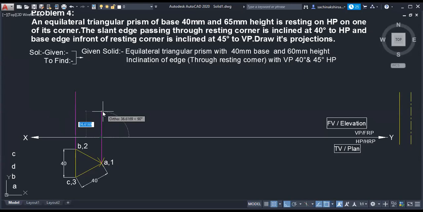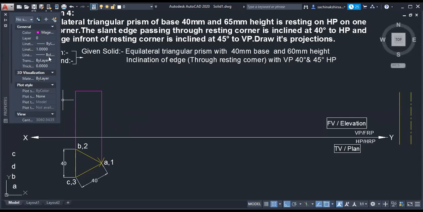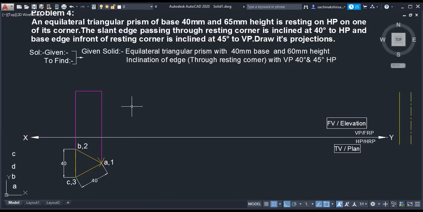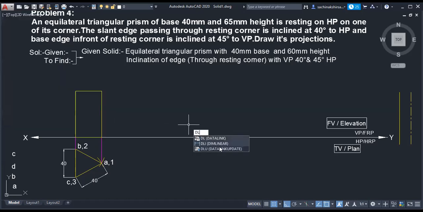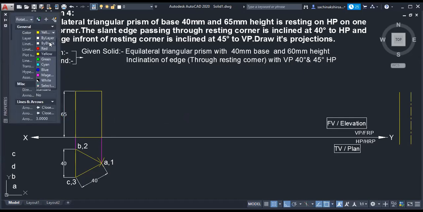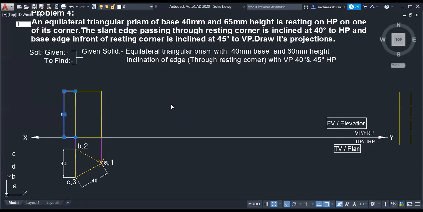From here also 65 mm, and then we can join this. Here you can mention its height. How much height have we taken from the XY line? 65.